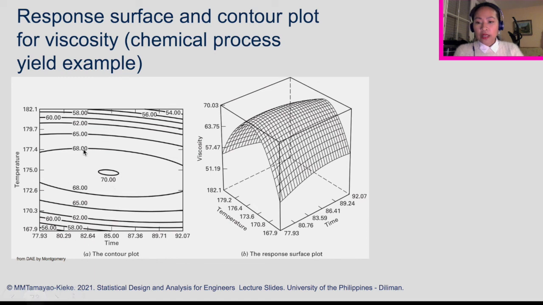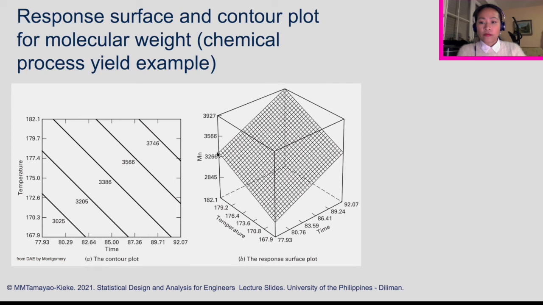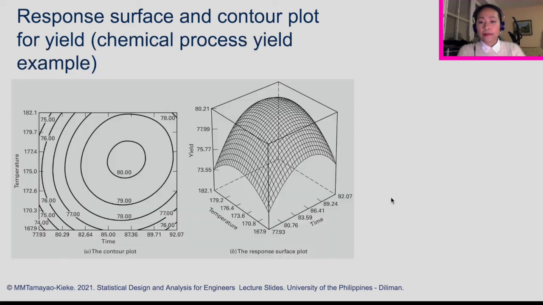Investigating the contour plot, it looks like we have a point of maximum response here, and that becomes more obvious with the response surface. And then we have a first order model for the molecular weight. And this one, as you recall, is the response surface and contour plot for the process yield.